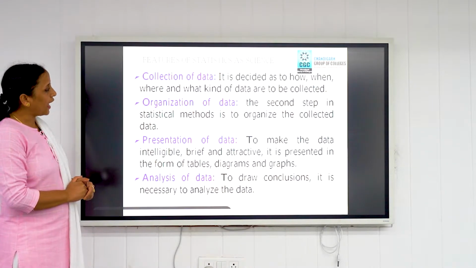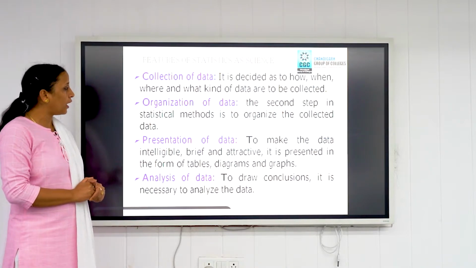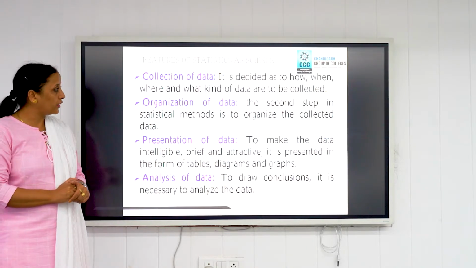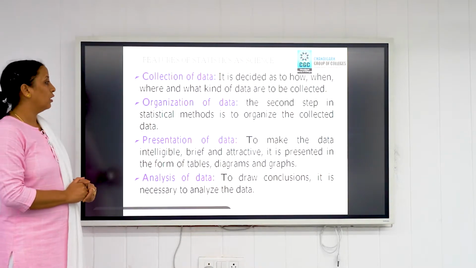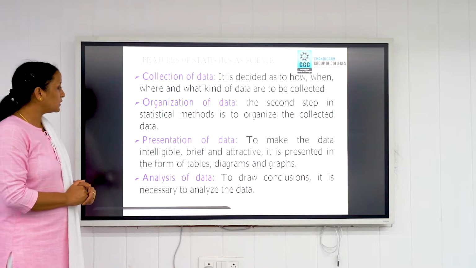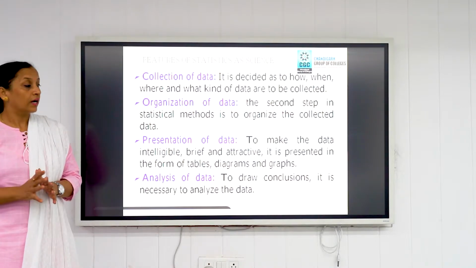It is decided how, when, where, and what kind of data are to be collected. Organization of the data: the second step in the statistical method is to organize the collected data.